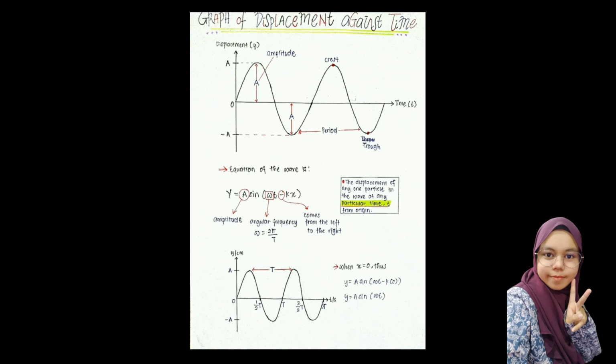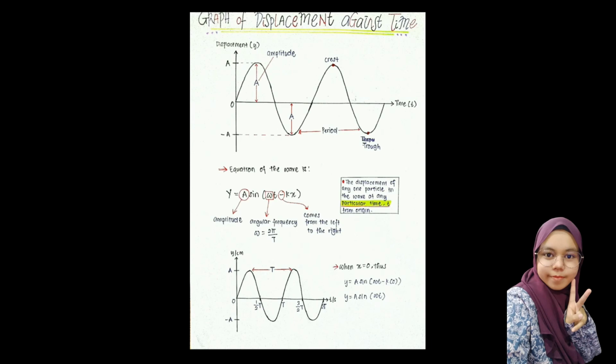Sine is the sine graph, and omega is angular frequency, where omega equals 2 pi over T. The negative sign means the wave comes from the left, so it moves to the right. This graph shows the displacement of any one particle in the wave at any particular time from the origin.